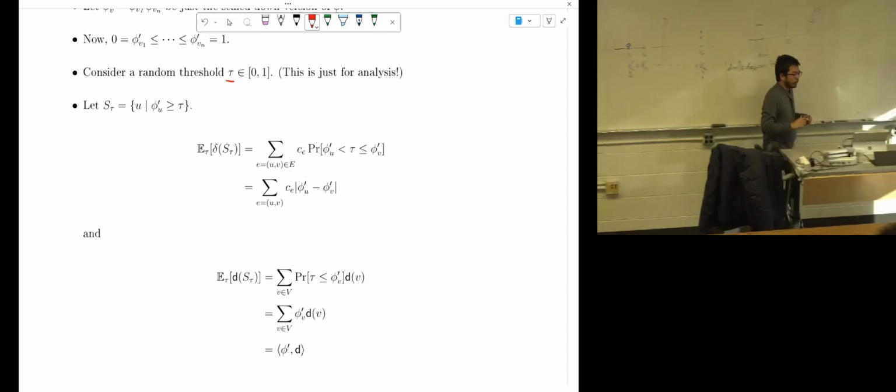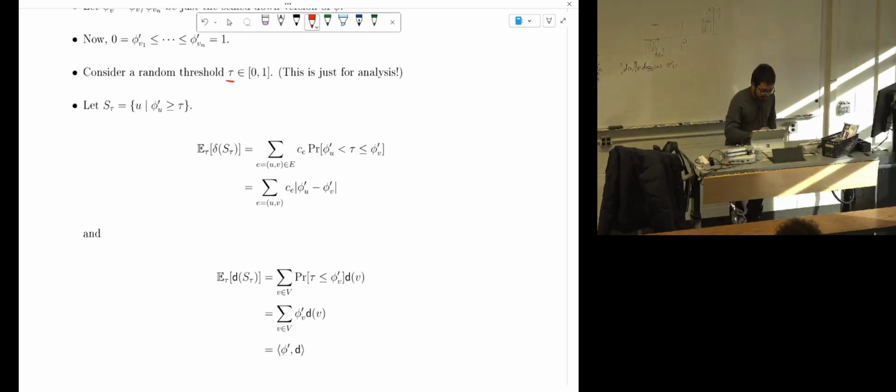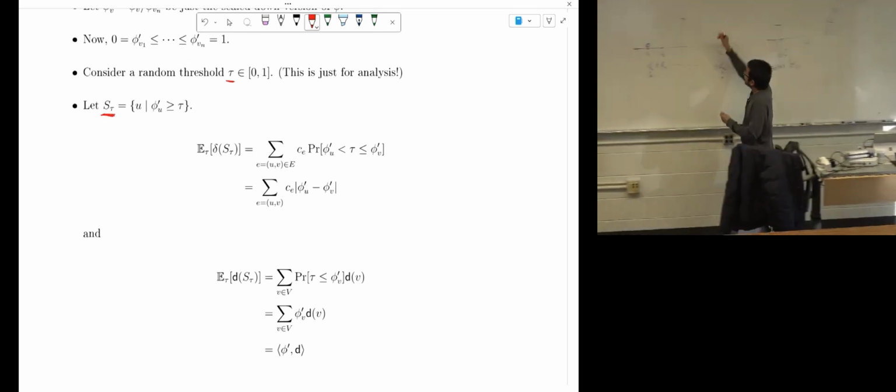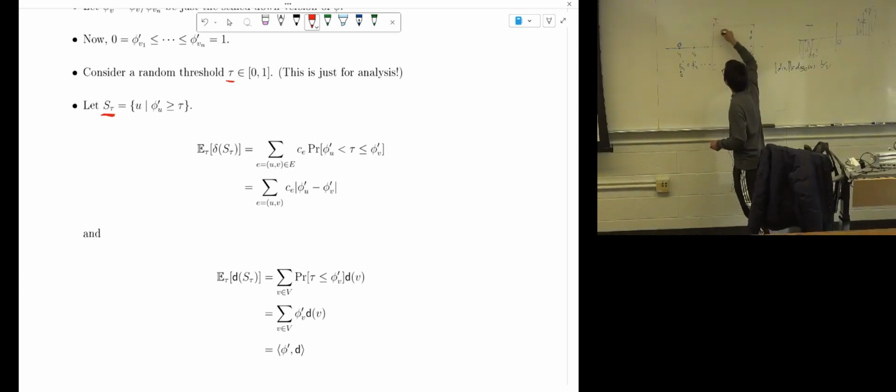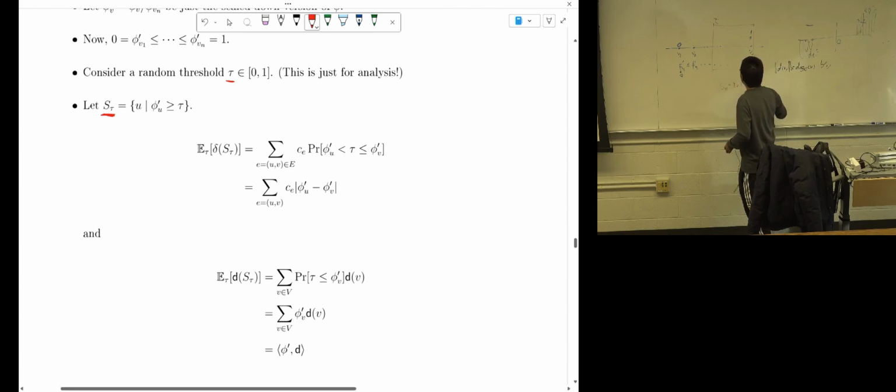Then I consider S tau to be the cut containing everything up to tau. So S tau is all the nodes such that the potential is at least tau.